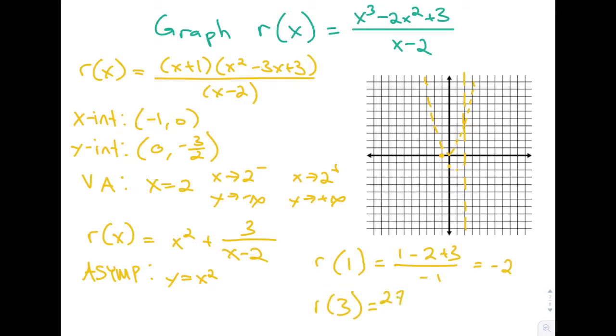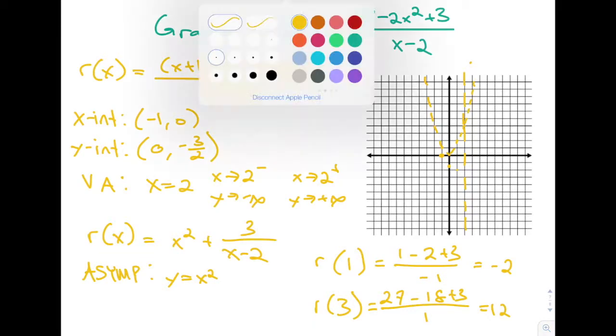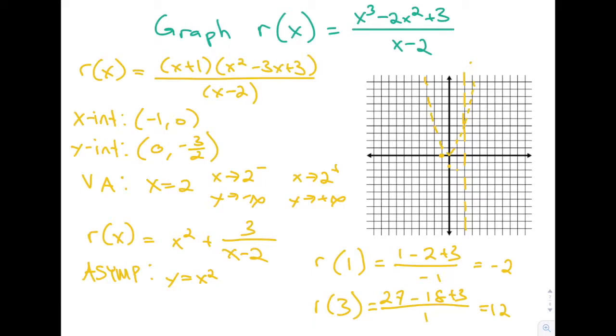That gives us 27 minus 2 times 9, which would be 18, plus 3 over 1. 27 minus 18 would be 9, plus 3 would be 12, over 1 is 12. So then at x = 3, we should be way up there.